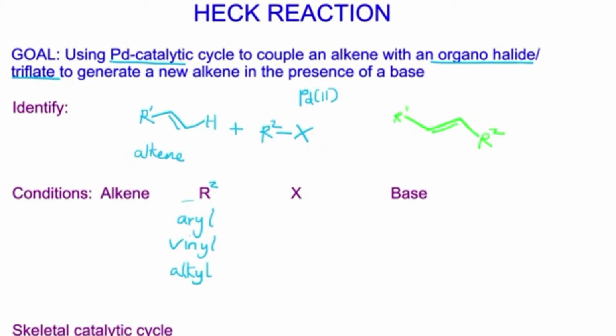And all these, if you notice, are unsaturated, which makes us conclude that we need these particular compounds to not have a beta hydrogen. If we have a beta hydrogen on an sp3 carbon atom, then we won't be able to execute the interesting processes that are known in this particular Heck reaction.